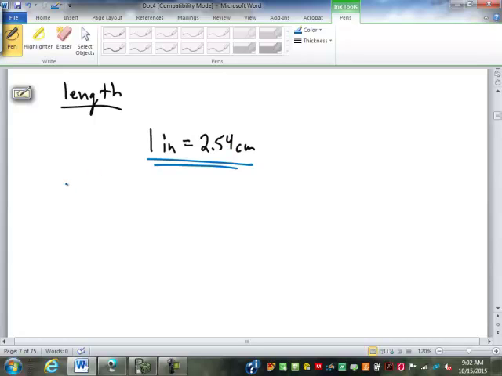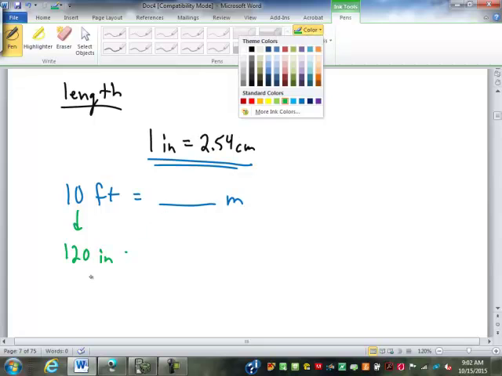For example, let's say I have 10 feet and I want to know how many meters that is. Well, first thing I'm going to do is convert my 10 feet into inches, which is going to be how many inches? 120 inches. Very good. Just times 12. And now I'm going to convert my inches into centimeters. So I'm going to put this over 1 to make it a fraction.